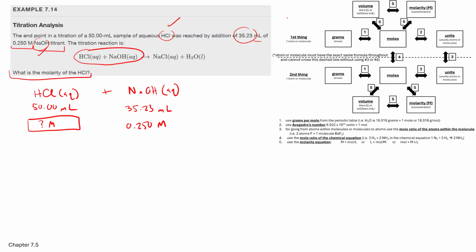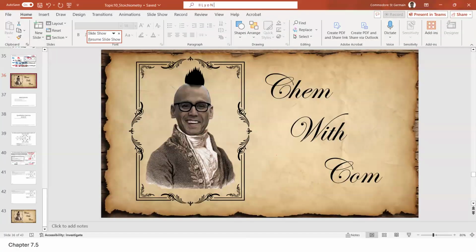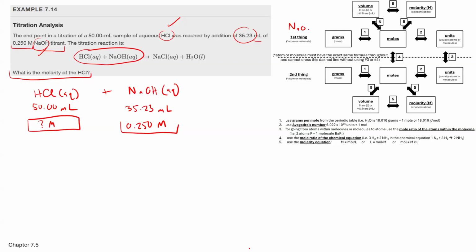All right, let's set this up. We want our starting point to be whatever has more information. So HCl is going to go on the bottom. We're starting off with volume and molarity. So this is our start.